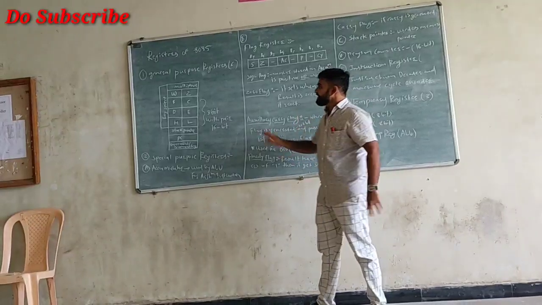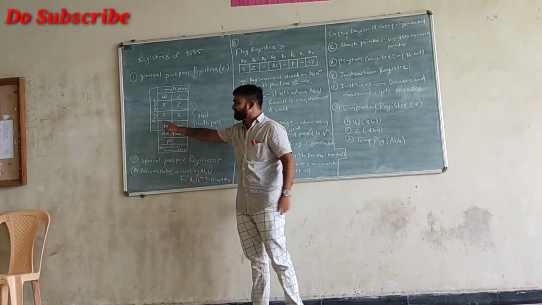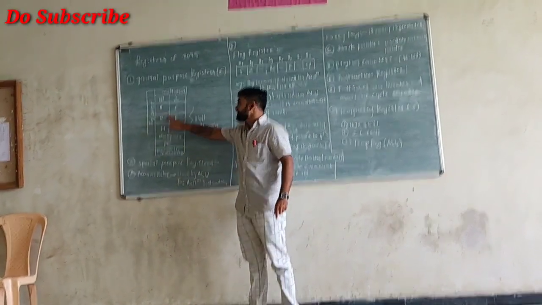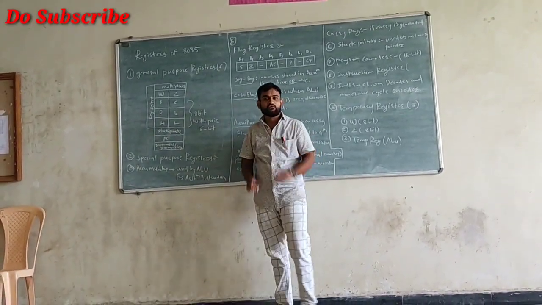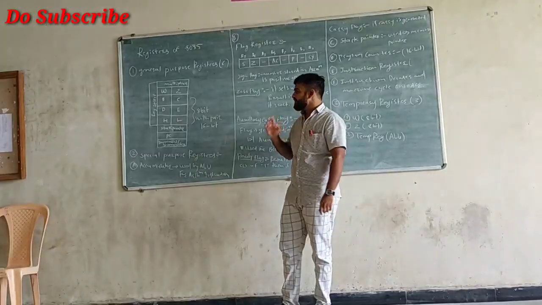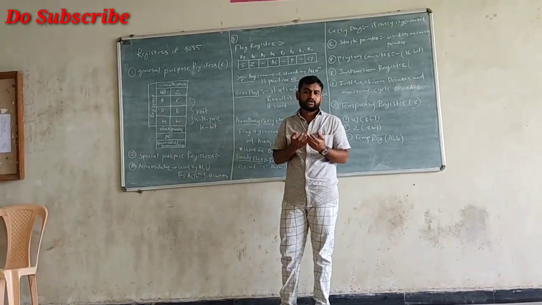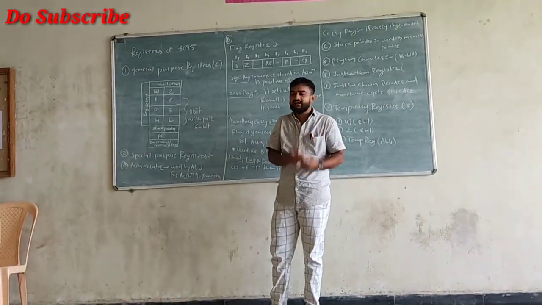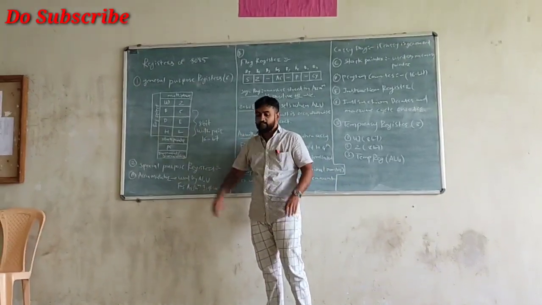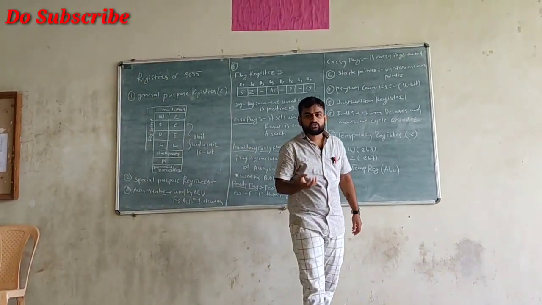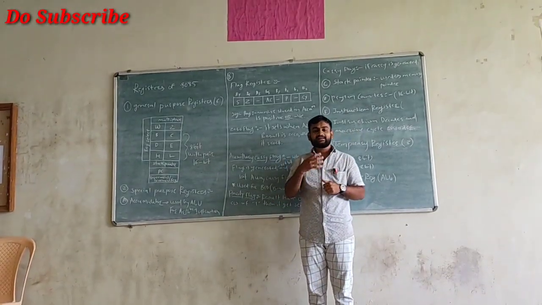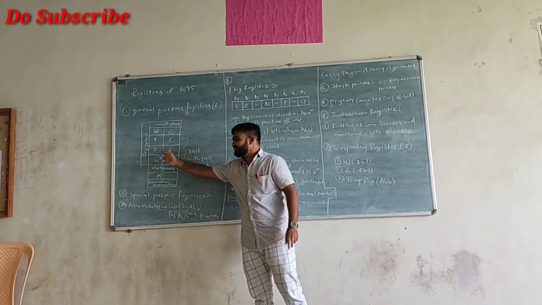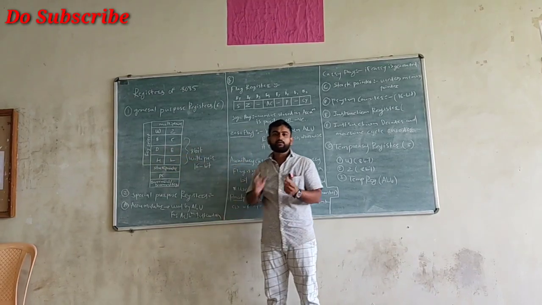Here in 8085 we have a total of 6 registers, that is B, C, D, E, H and L. Each register is of 8 bits. So we are able to store 8 bits of data, 8 bits of operand, or 8 bits of address inside that register. Sometimes if we want to store 16 bits of data or 16 bits of address, at that time we can use these general purpose registers as a pair.